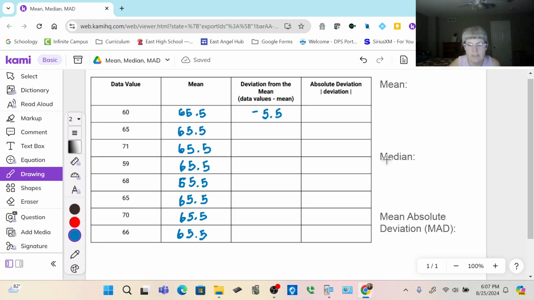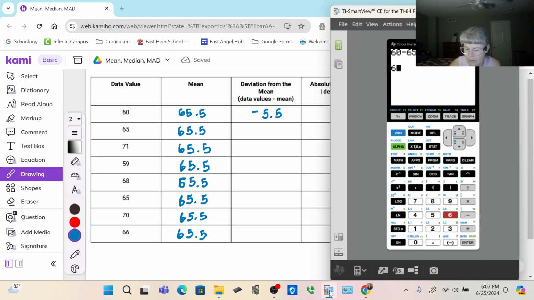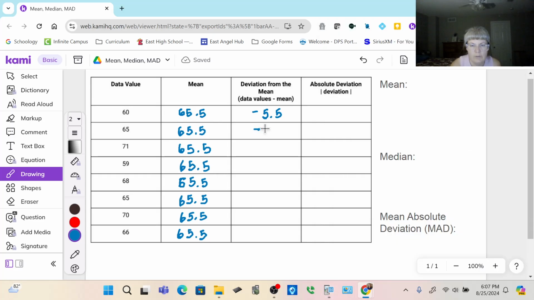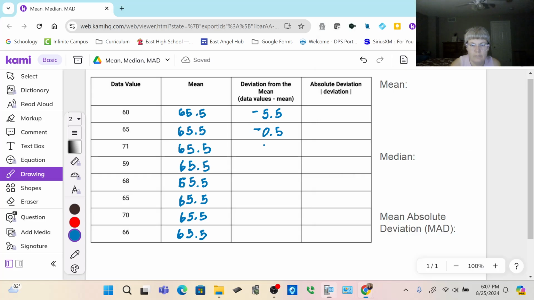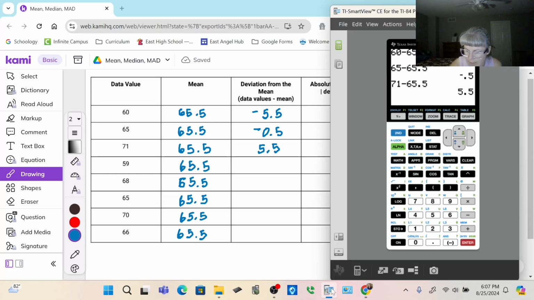And then we have 65 minus 65.5 is negative 0.5. 71 minus 65.5 is 5.5. 59 minus 65.5 is negative 6.5.